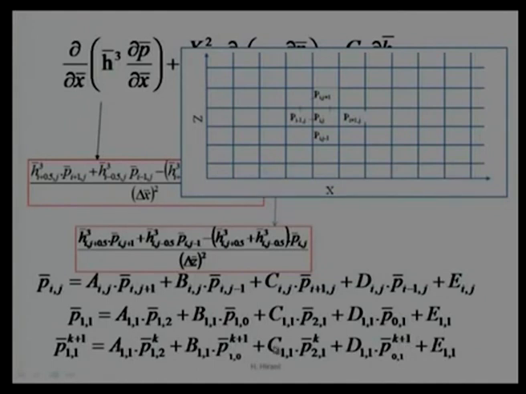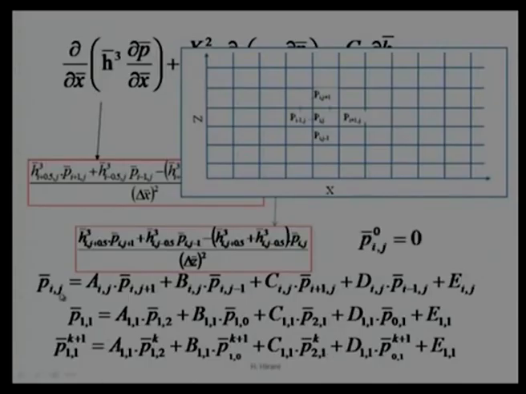That means 2 terms are coming from the previous iteration and 2 terms are coming from the present iteration. That is going to decide our pressure term, while A, B, C, D, E will remain constant. They are not going to vary with iterations. So, iterations are only required for this purpose.